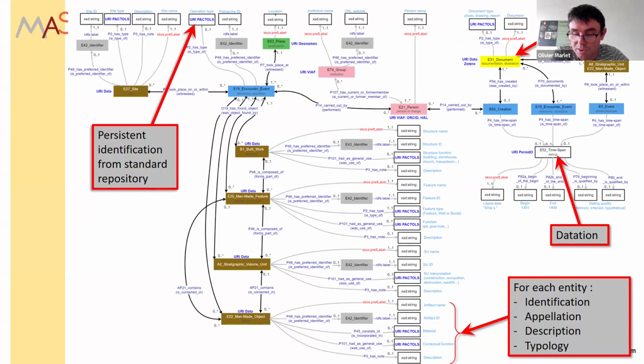And of course, each concept can also be dated. It could be for the excavation, artifact, stratigraphic unit, feature, structure, site, and document. Each concept is identified by the URI of its resource, and each typology uses the URI of the concept it refers to in a repository or gazetteer.